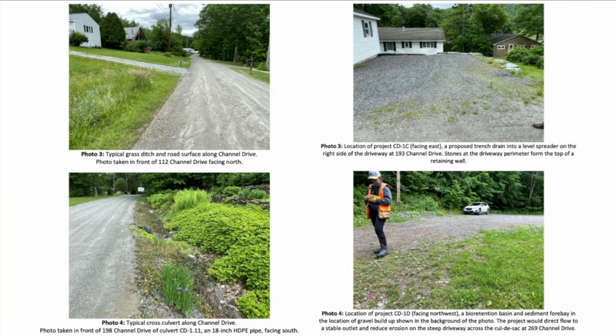And on this one, we did more of a scoping study of the whole road and the culverts, and identified a few project areas. And one of those project areas got advanced as part of the Lake Watershed Action Plan. So that's a separate design. That's also a conceptual design that we went over in a previous meeting that I'm not going to show tonight, but it's available. That's 139 Channel Drive.